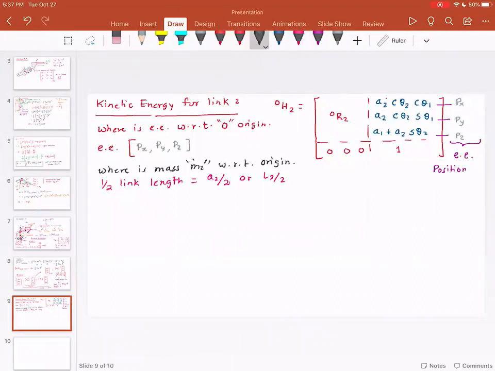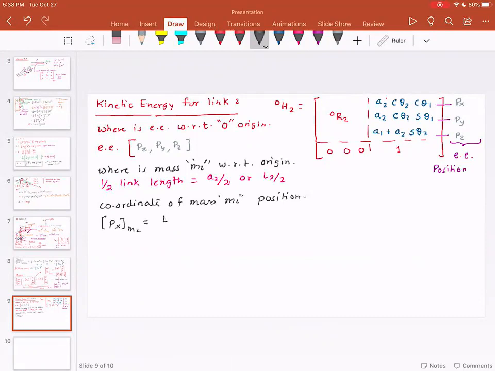So with the information that I have over here, I can simply say the coordinates, or the position, of mass m2. px, this is for mass m2, this is not the end effector.